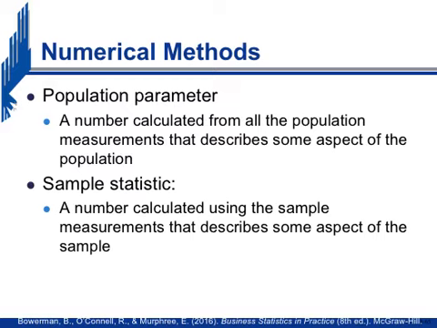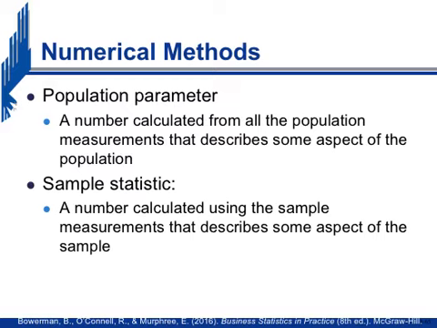So if you are describing the minimum, the maximum, the average, or any other computation, as long as it was based on the entire population of measurements, then we call that a population parameter. While a sample statistic is a number calculated using the sample measurements that describe some aspect of the sample.